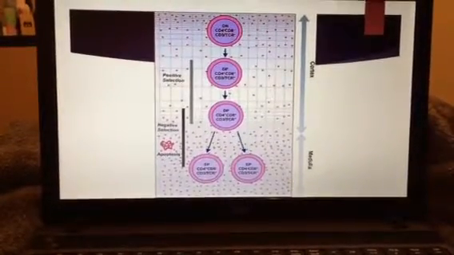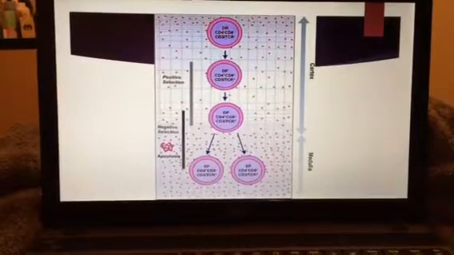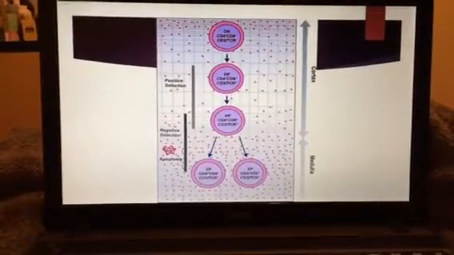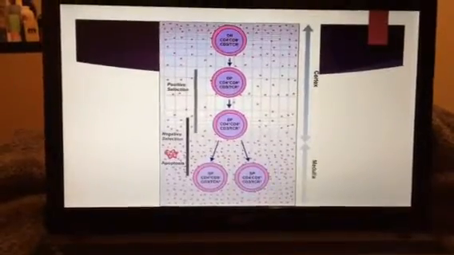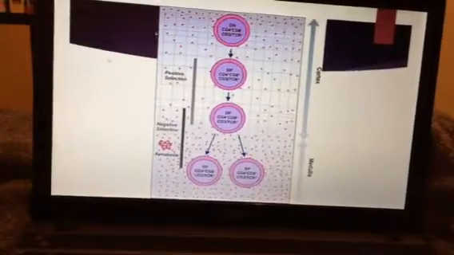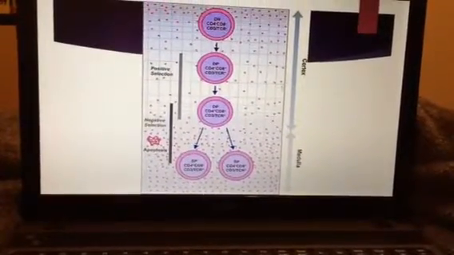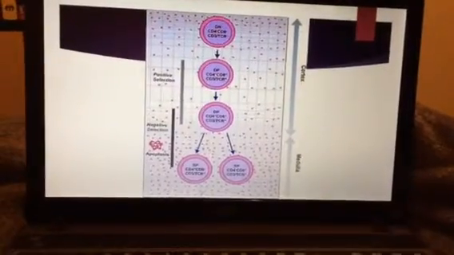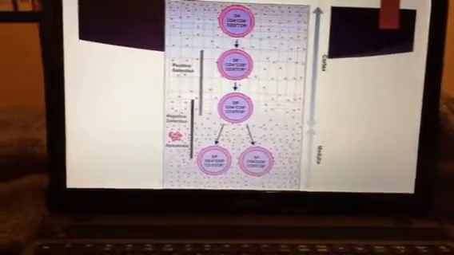Once it passes through both of these processes, the CD4 and CD8 T cells become mature helper T cells and cytotoxic T cells. They start off as immature cells, and once they pass through the cortex and the medulla, they become mature cells.